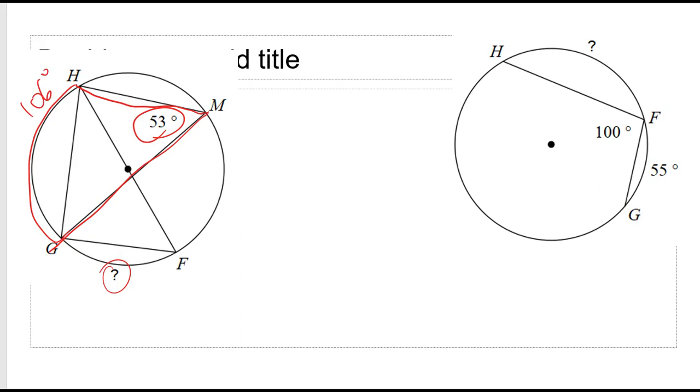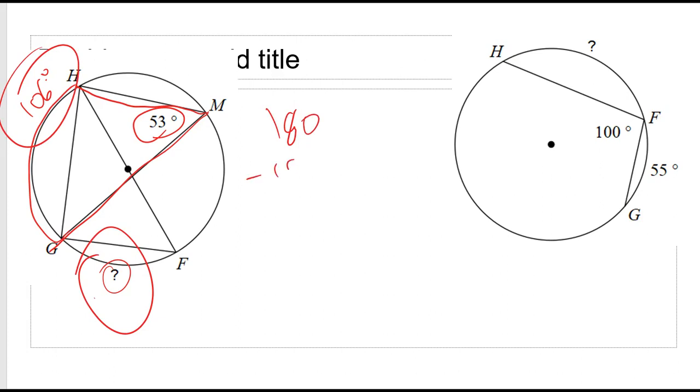I have from H all the way to F. That is what we call a semicircle. So this plus that equals 180. So that means 180 minus 106. And that's going to give me 74. Sounds about right. And there you go. That's it. Knowing one thing, doing little things at a time is getting us closer to the answer.